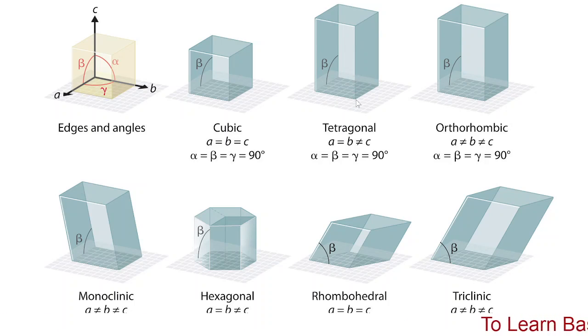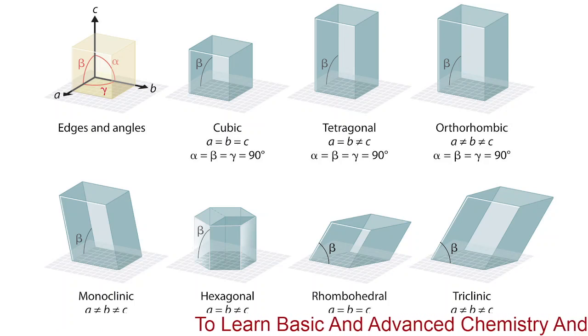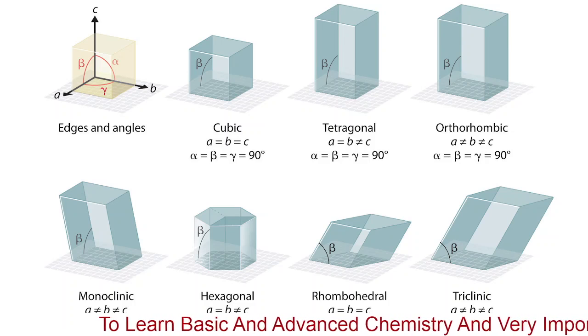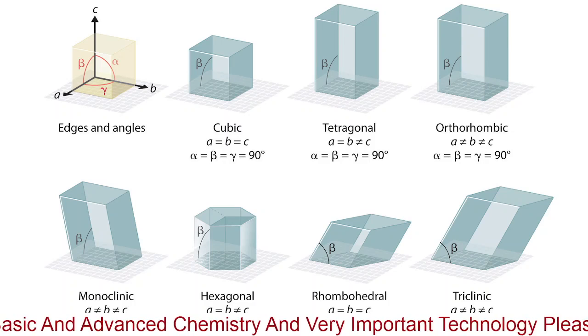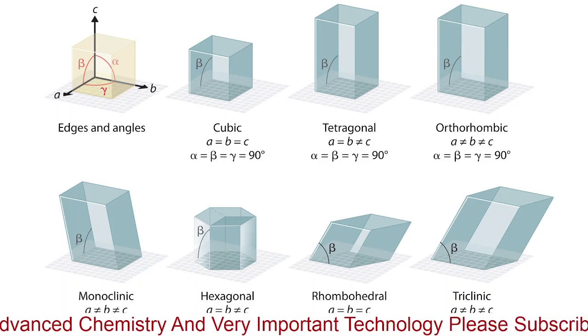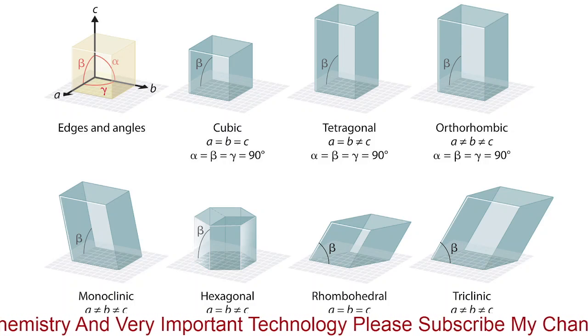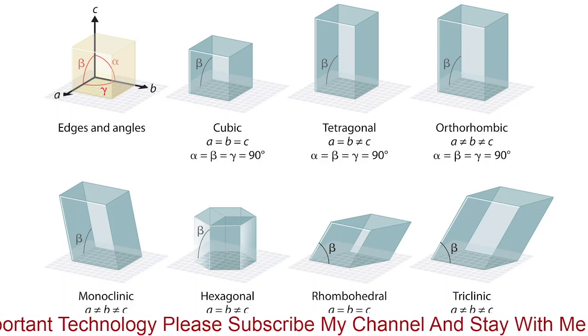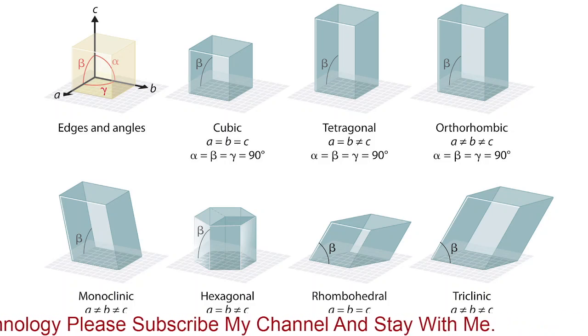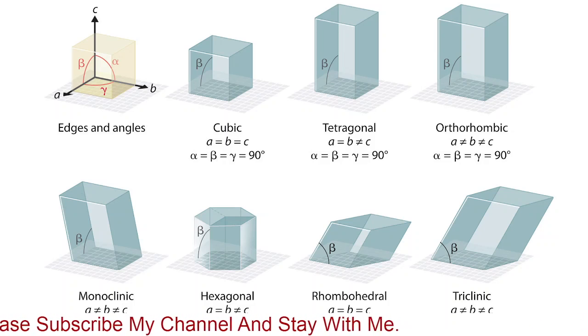Tetragonal, you are familiar with the tetrahedron. Or if you consider a brick, a brick has length, width and height that are different, so maybe that is not the good way to represent it.